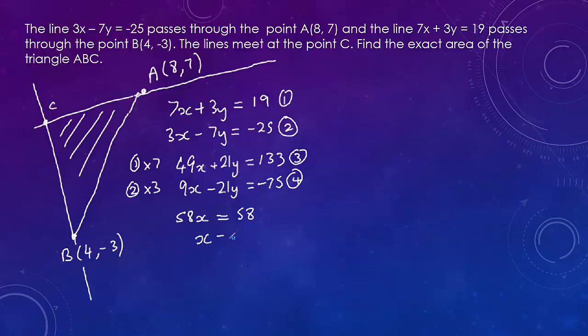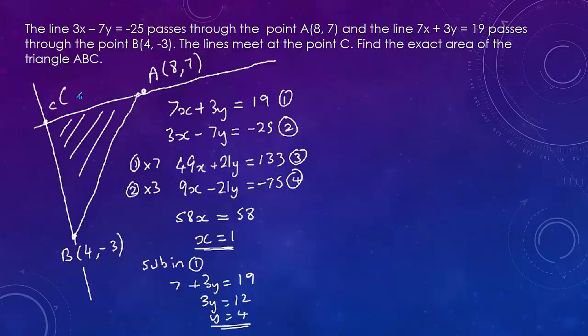And therefore x is equal to 1. If we sub into equation 1, then I've got 7 plus 3y equals 19. Gives me 3y equals 12. So y equals 4. And that tells me that C is the point 1, 4.